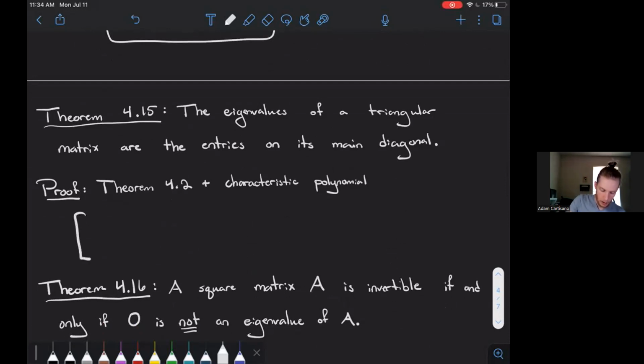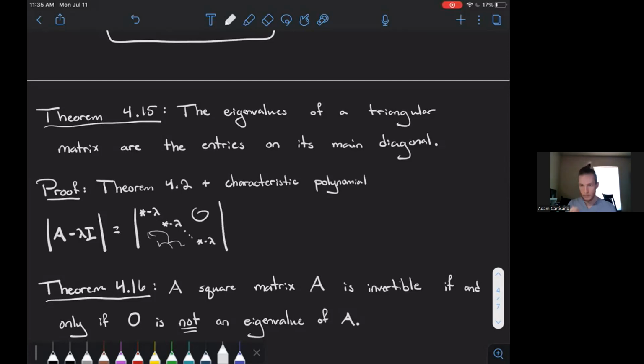So if you do A minus lambda I, where A is triangular, this is going to be the determinant of a matrix with diagonal entries star minus lambda, some other stuff, and zeros on top. I can tell you exactly what these stars are. They're a11, a22, all the way up to ann.